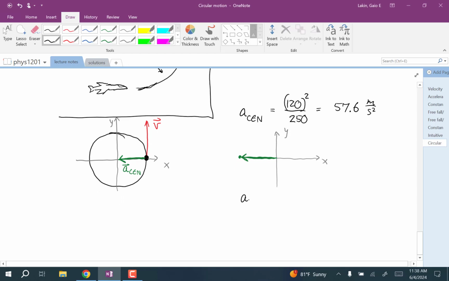So the centripetal acceleration is negative 57.6 meters per second squared i plus 0j. You can just write it like that and just leave it off.